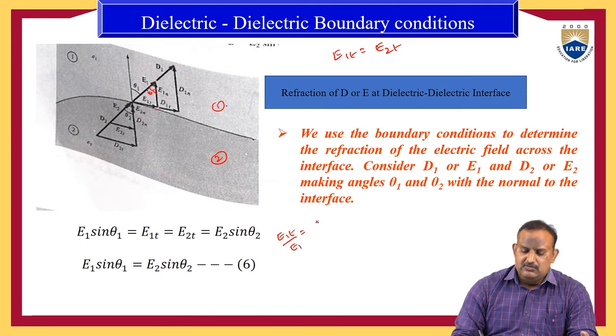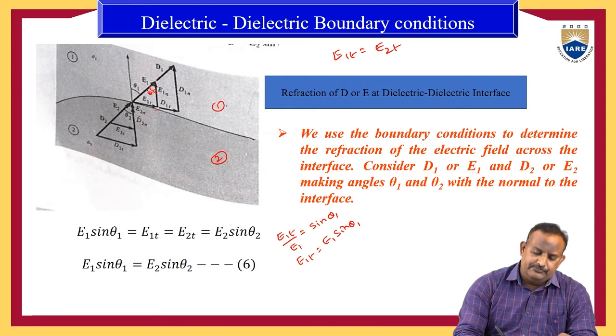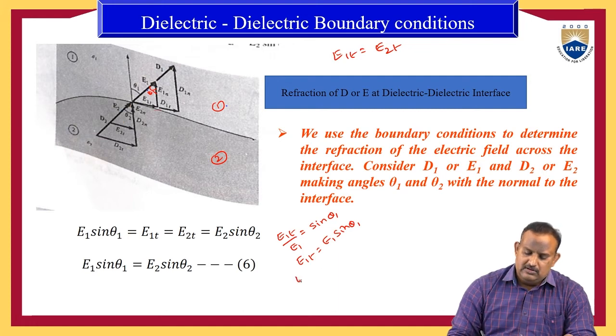E1t by E1 will give the sine of the angle, sine theta 1. Therefore E1t is equal to E1 into sine theta 1. Similarly in media 2, it is opposite by hypotenuse.